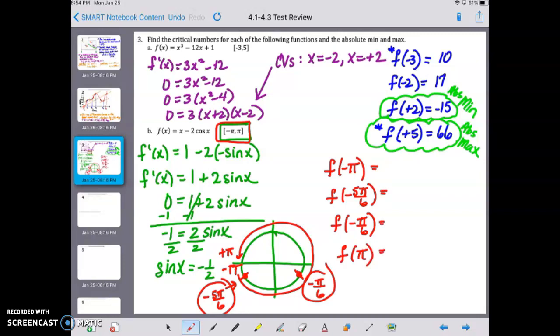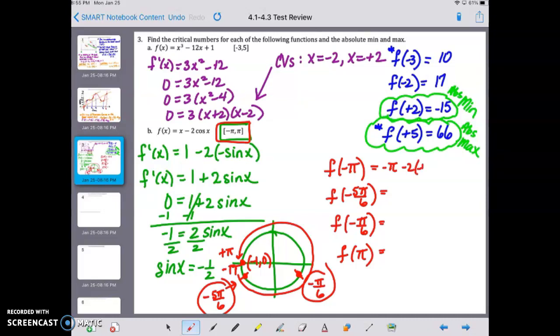So when I plug in negative pi, I end up with negative pi, that's just plugging it in for x, right? Minus 2 times the cosine of negative pi. Okay, well, that ordered pair right here, doesn't matter if it's negative or positive pi, it's the same ordered pair, right? That ordered pair is negative 1, 0. So the cosine value there is going to be negative 1.